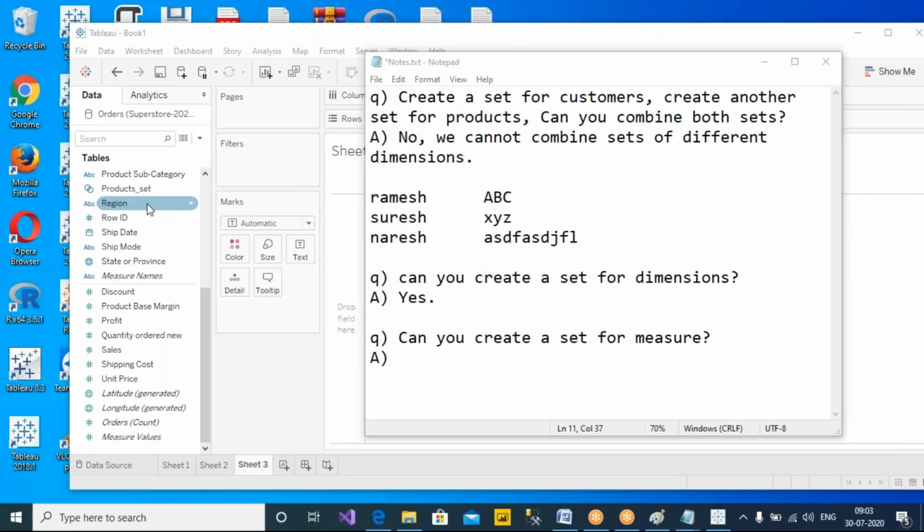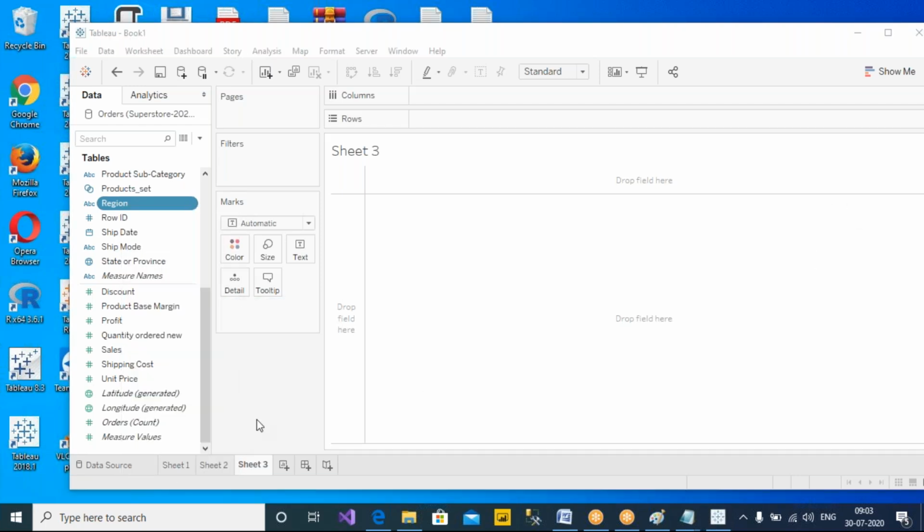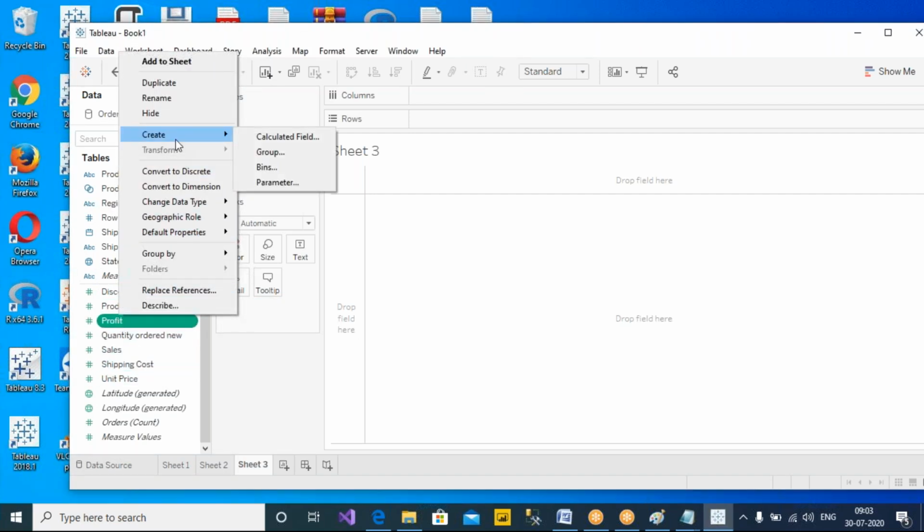So how to validate this? Right click on the dimension, create. Oh, set is available. Excellent. And right click on any measure, create. Do you find the set option here? I don't find a set option here.